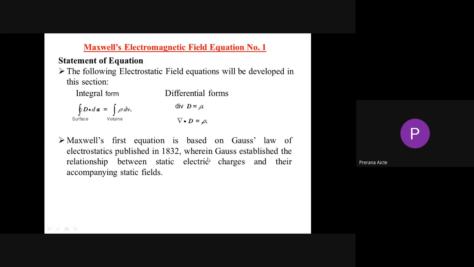Okay? So the Gauss law is defined. It is the relation between the static electric charge Q and their static fields, that is E values.